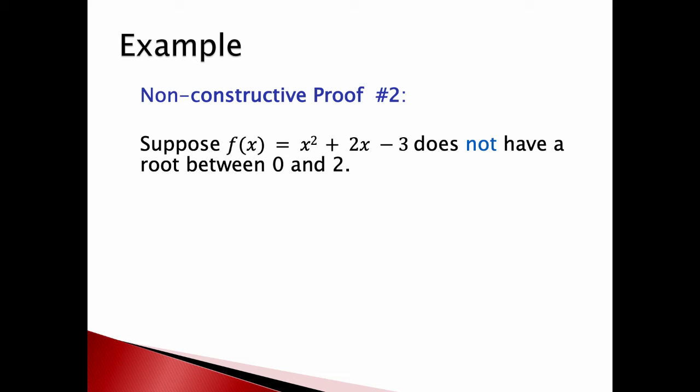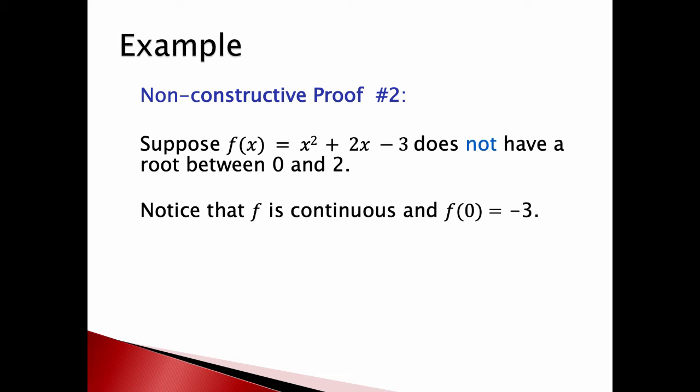Here's another non-constructive proof that is really a proof by contradiction. So let's suppose that this polynomial, x squared plus 2x minus 3, does not have a root between 0 and 2. Well, remember it was continuous, and when I plugged in 0, I got negative 3.